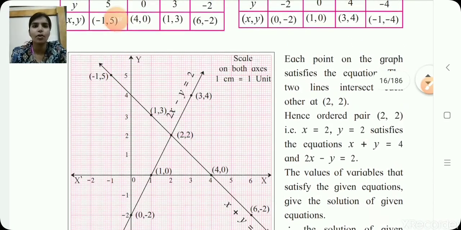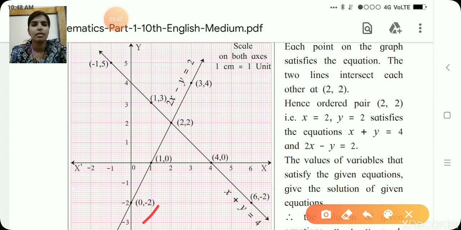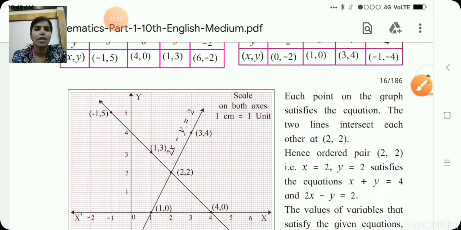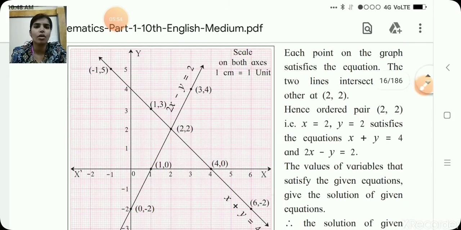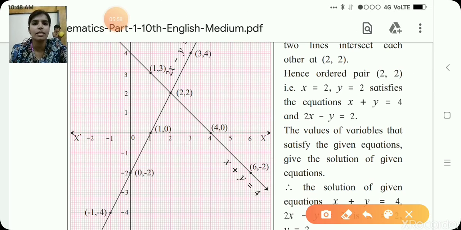Then we plot the points of the second line. The first point of the second line is 0 comma minus 2. So 0 comma minus 2 is here. Then the second point is 1 comma 0. You see that 1 comma 0 is on that side.